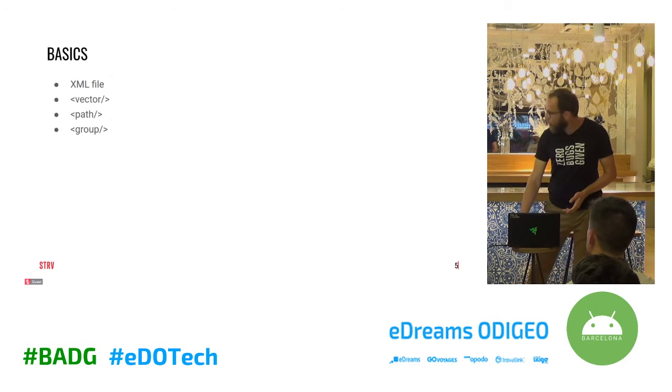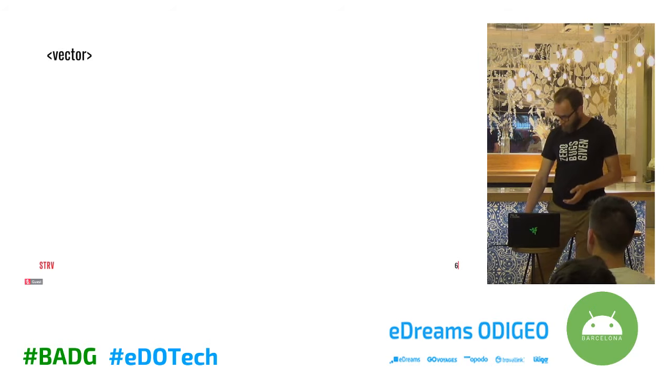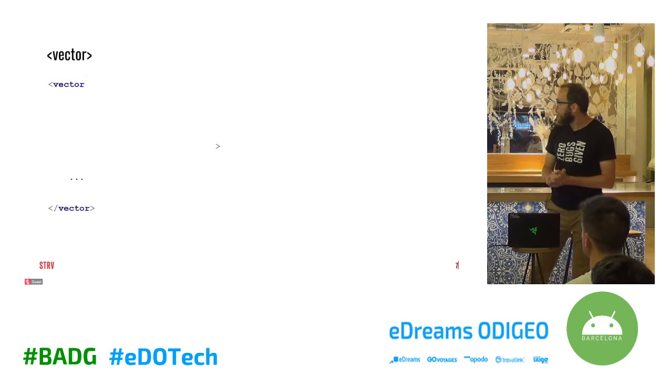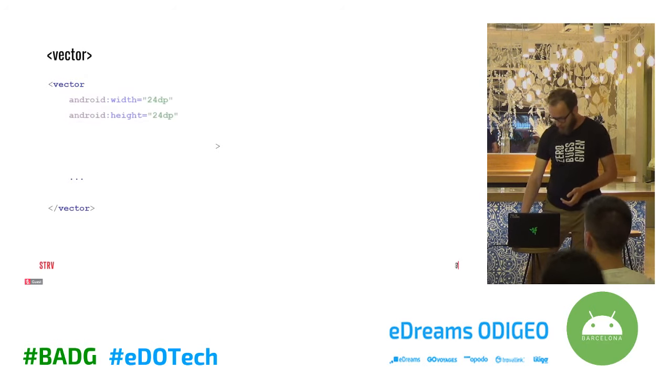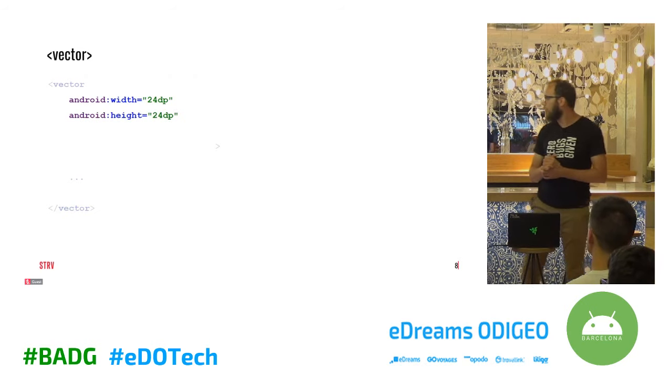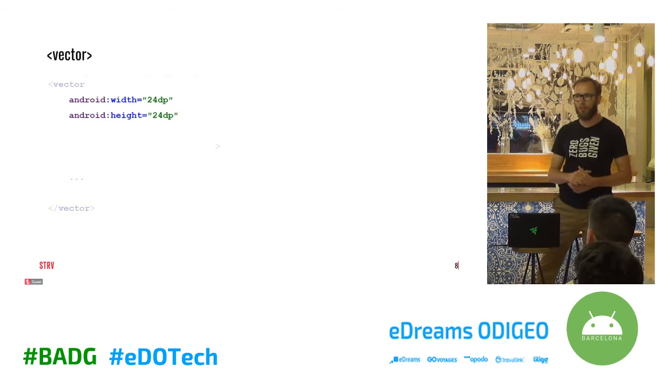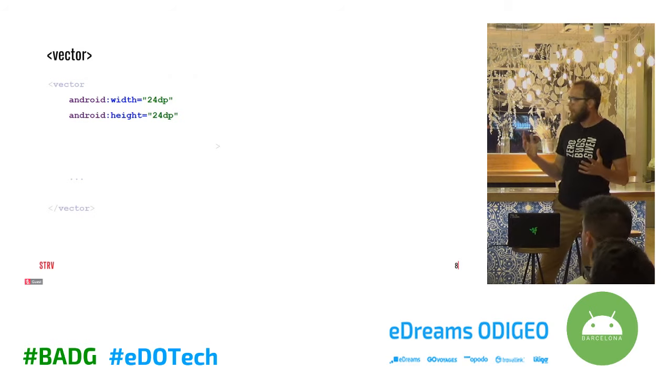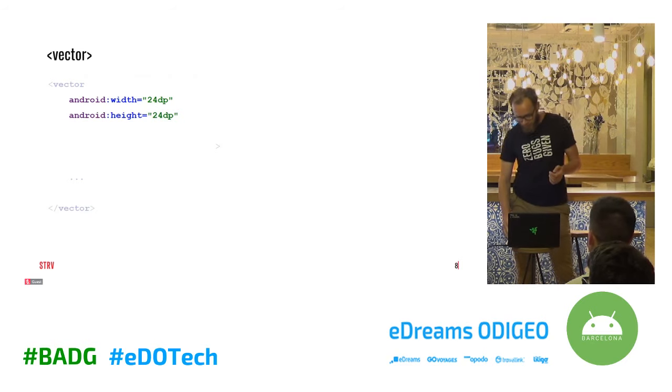So, a vector. What do we need to define a vector? Here I have an empty one, and I'll fill it with width and height. Those are mandatory parameters, and they're used when, for example, an ImageView has width and height set to wrap_content. Any other time, they're overwritten by what the ImageView defines.